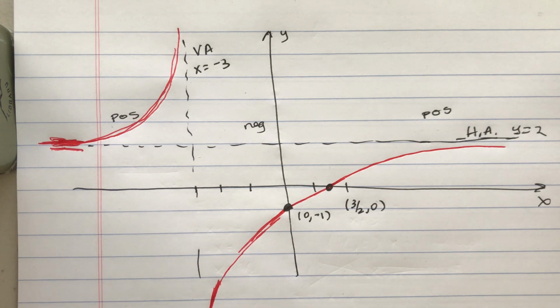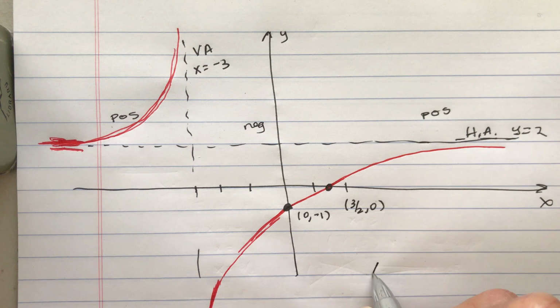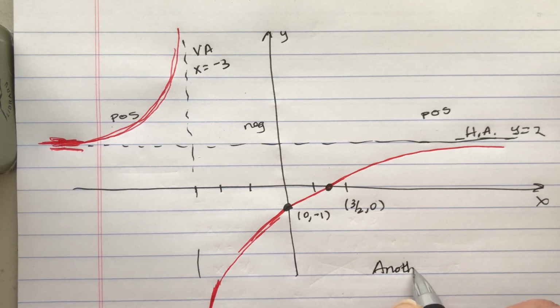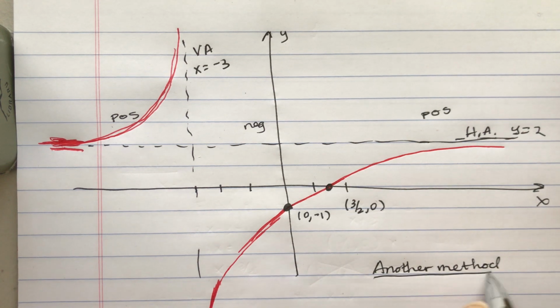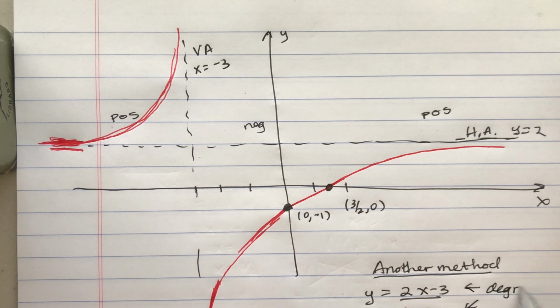Now, for this particular problem, here's another method, which I think is not so bad at all. You have y equals (2x minus 3) over (x plus 3), and both of these have degree 1.